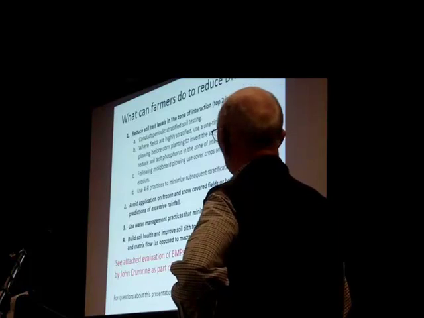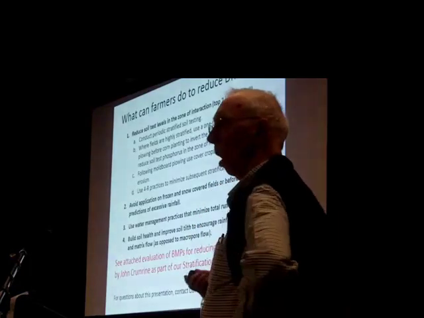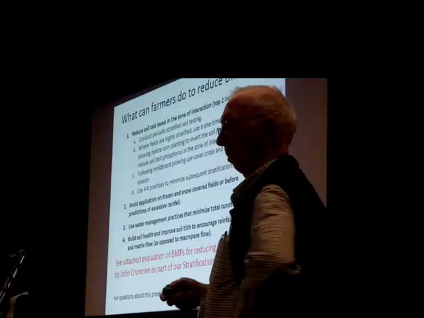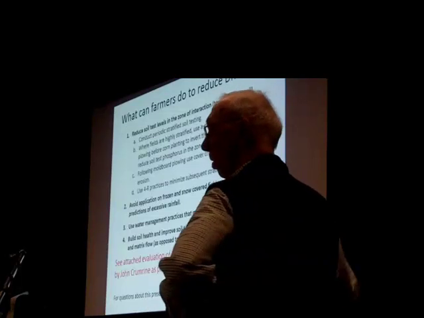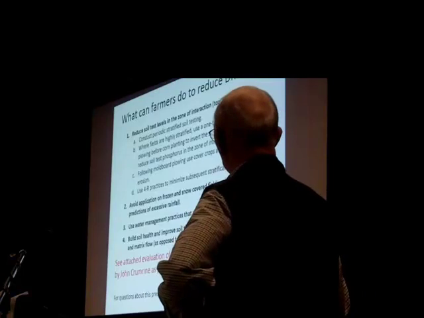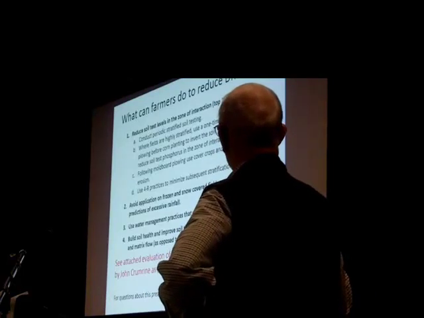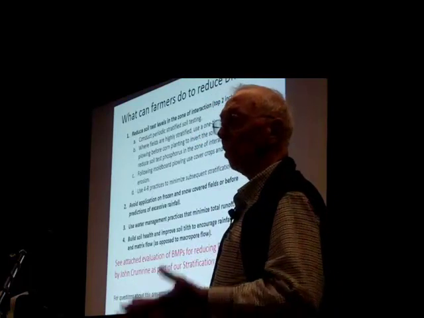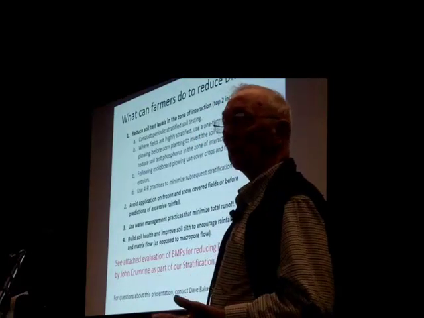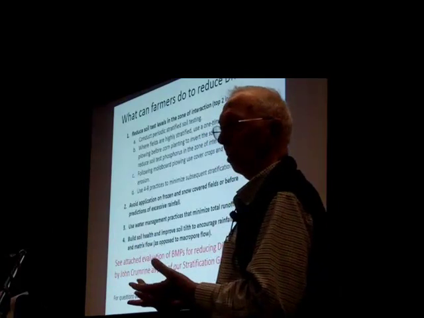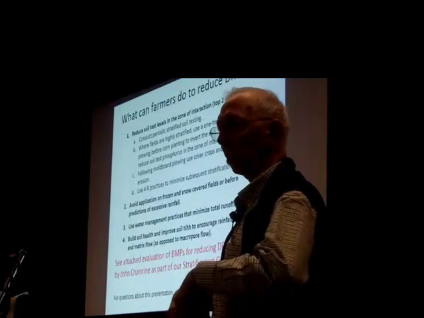Use water management practices that minimize total runoff. If we can keep more water in our soil, that's going to reduce the total flow volume going down into the lake. Build soil health to improve soil tilth, and increase rainfall infiltration. The subsoil that we have, long before you get to where the tiles are, is a treatment system, if we can get the water to move through it rather than down the macropores.